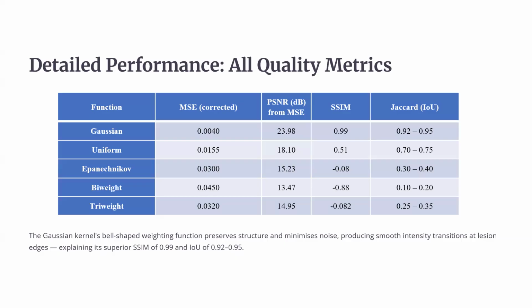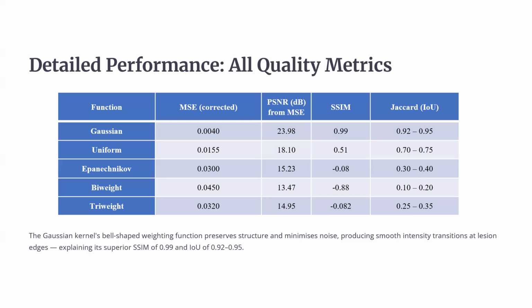The results yielded that the Gaussian and uniform functions were the best kernel functions, and the Gaussian had higher performance than the others. We can see that the mean square error for Gaussian was lowest, and the PSNR was 23, and we can see the SSIM measurement.